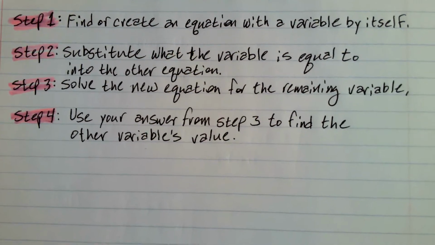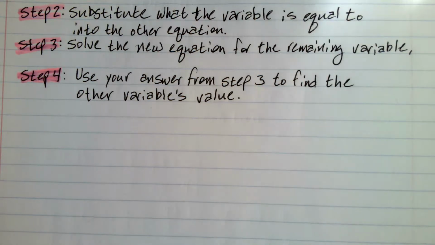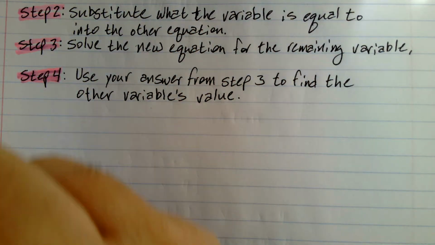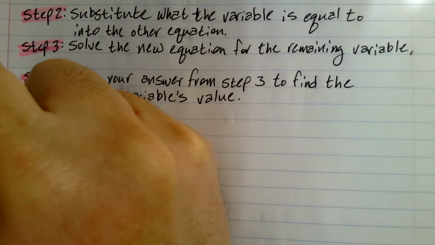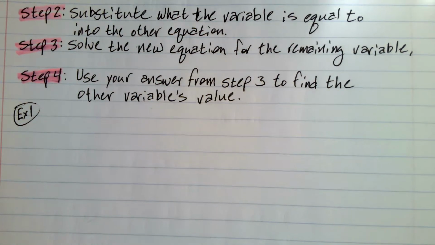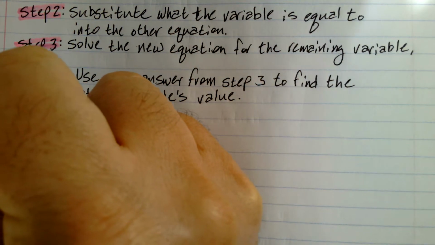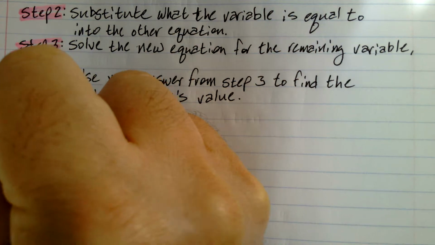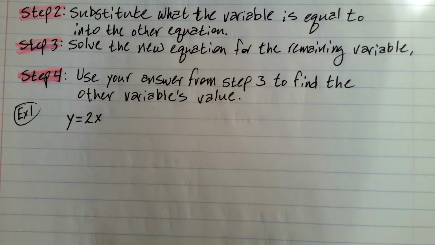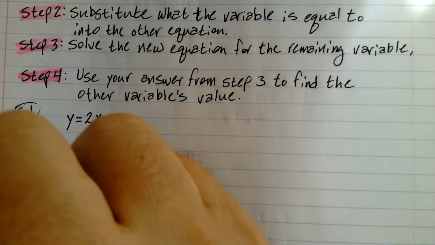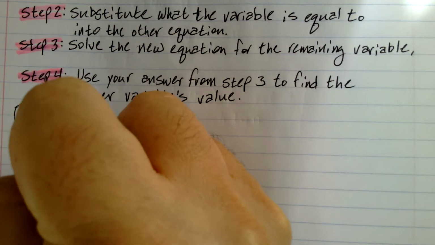All right. I'm going to move this up just a bit because we're going to start solving some. Let's do some examples. We're going to solve by substitution. Example 1. Let's start with an easy one: y equals 2x, and y equals 7x minus 15.